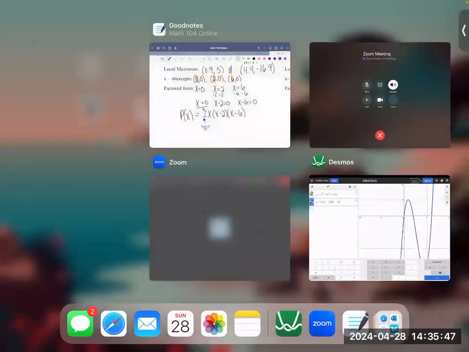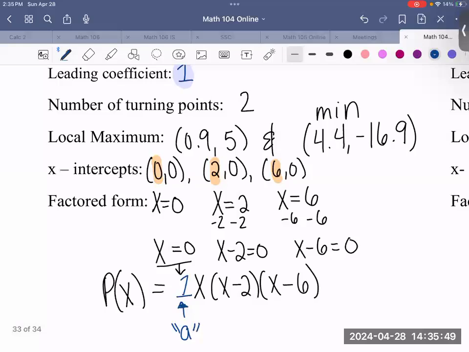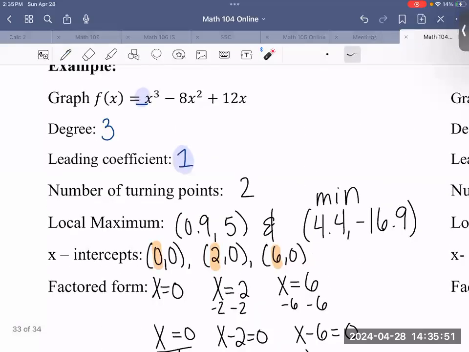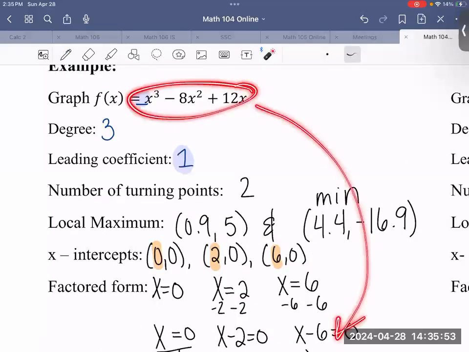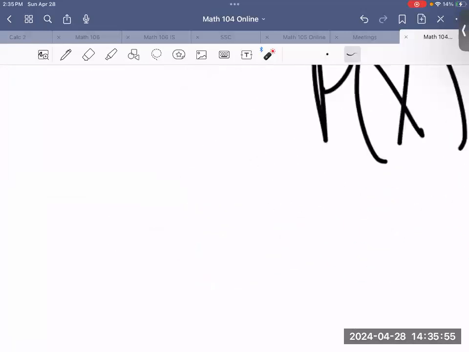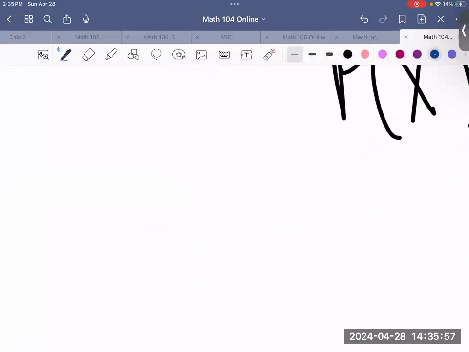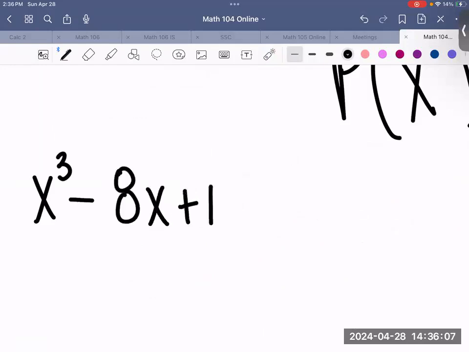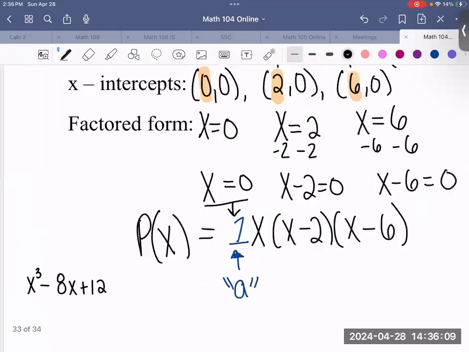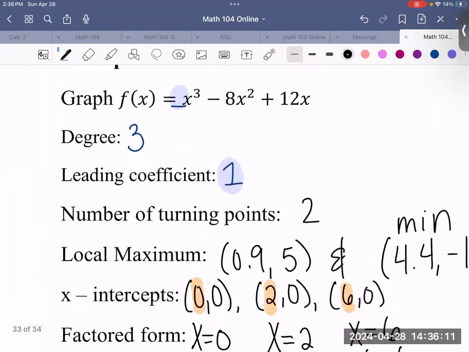And we could also have done this algebraically as well, from going to this expanded form into a factored form. So in order to do that, let's take a look at x cubed minus 8x squared plus 12x, I think that's what it was.